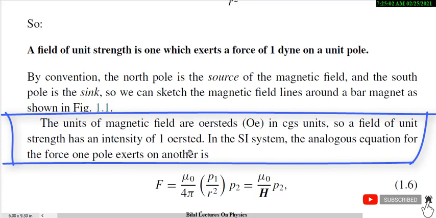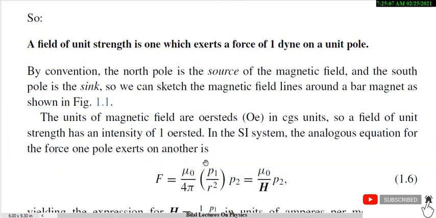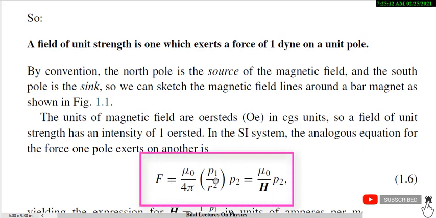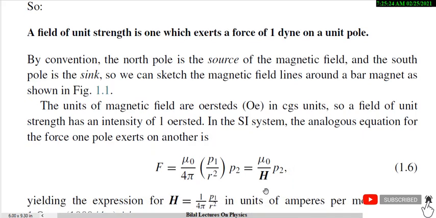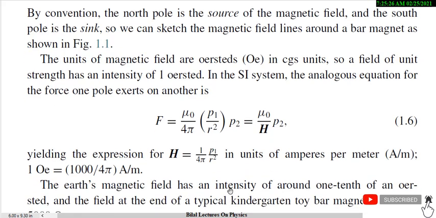In the SI system, the analogous equation for the force one pole exerts on another is F equal to mu naught over 4 pi, P1 into P2 over R squared, and here mu naught P1 over 4 pi R squared is equal to H, so F is H into P2. So by this expression H is equal to 1 over 4 pi times P1 over R squared, and this whole term is H in units of ampere per meter.